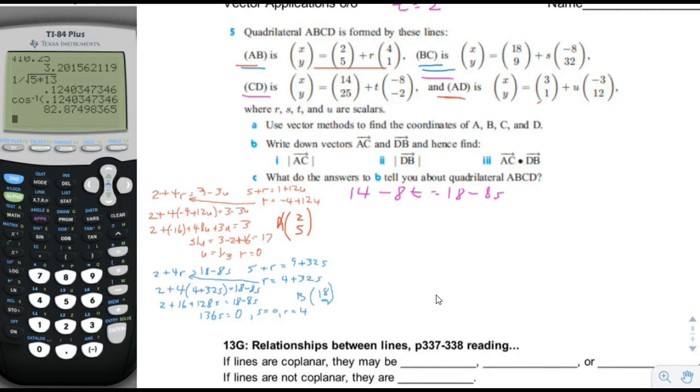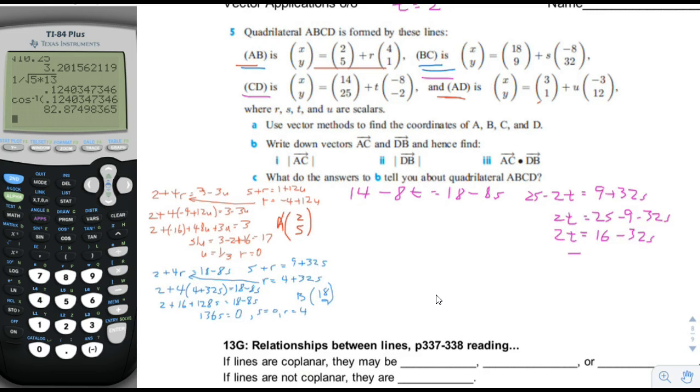And then the y's, we'll put 25 minus 2t and 9 plus 32s. And then let's see, we will solve for t maybe. So 2t is equal to 25 minus 9 minus 32s, which is equal to 16 minus 32s.